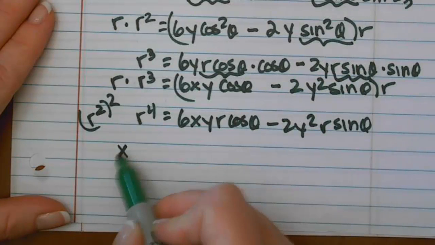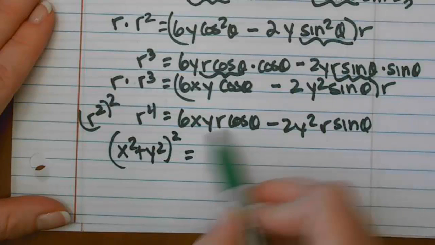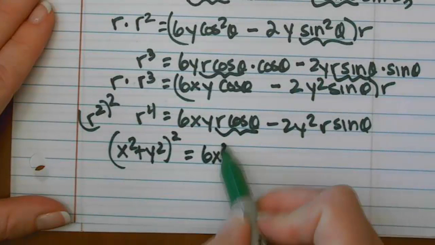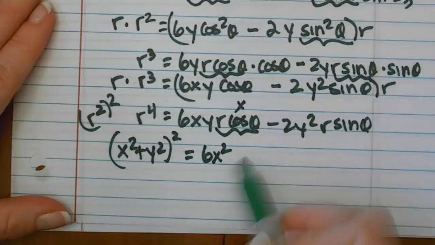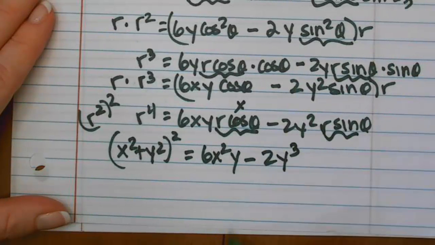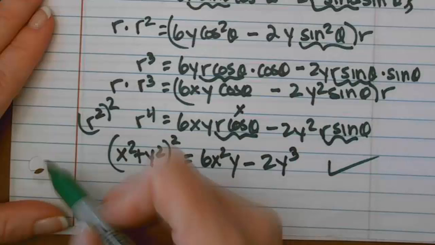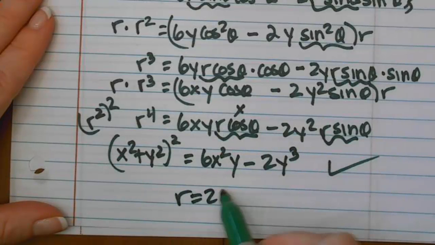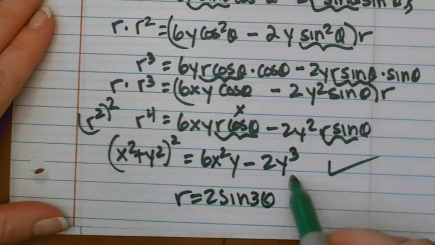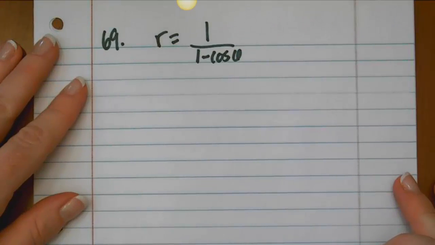So it is x squared plus y squared, the quantity squared, equals 6x squared, because this is another term for x, y, minus, there's another y, 2y cubed, and you are finished. We now have an equation that started out as r equals 2 sine 3 theta in polar, and now we have it in rectangular.